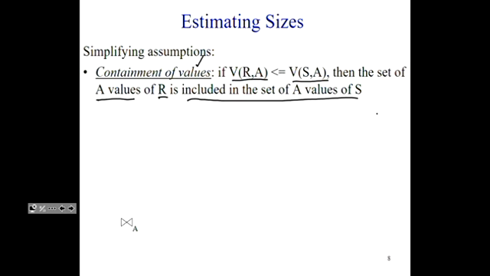This is not true in general, but this is an assumption that we're going to make in order to simplify our cost estimation and size estimation. Basically this says that if the set of values of A in R is smaller than the set of values of A in S, then the set of values of A in R is a subset of the set of values of A in S.